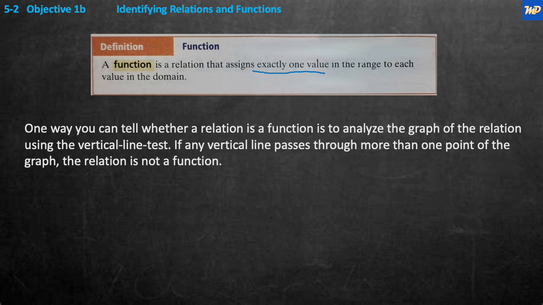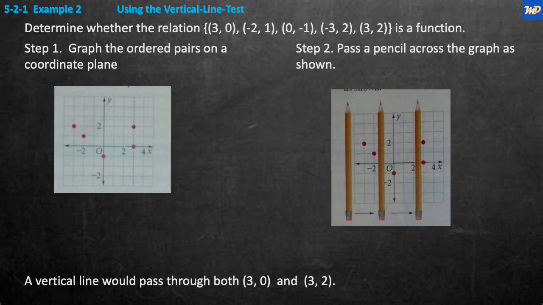So again, one way you can tell whether a relation is a function is to analyze the graph of the relation using the vertical line test. And we'll look at it in the next slide, I think. If any vertical line passes through more than one point of the graph, the relation is not a function. So let's go look at that. Okay, example 2, using the vertical line test.